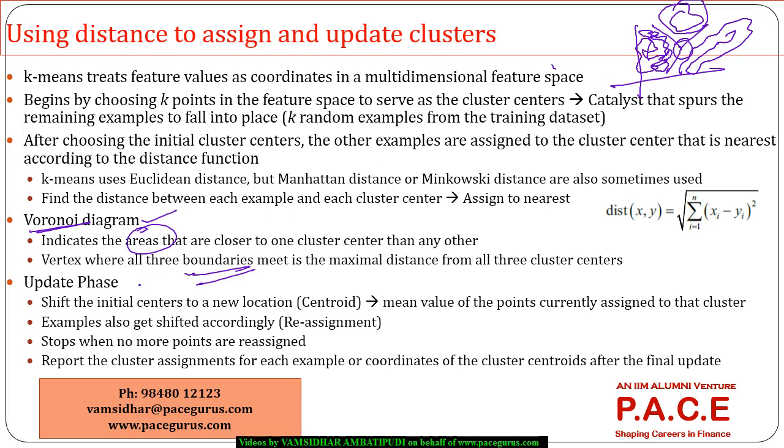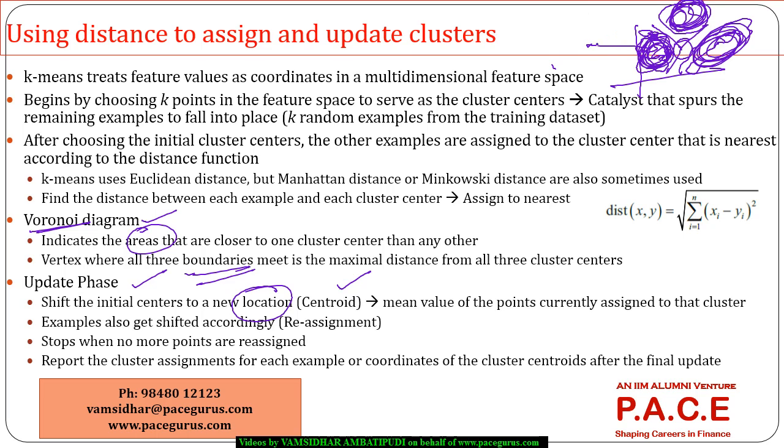Once the initial phase is done, the cluster centers are recalculated. They move to a new location, which is called a centroid. After the initial assignment, there are so many examples in this cluster and so many examples in that cluster.